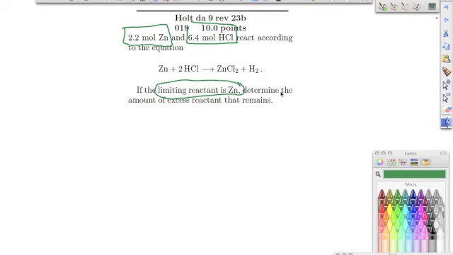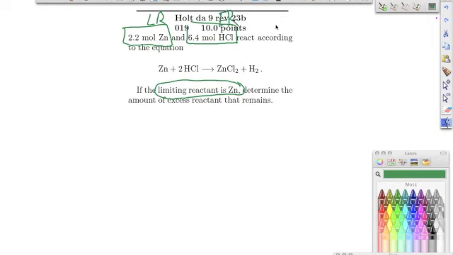Okay, so when we're doing this, what we have to realize is that it went from one number in the problem to now we have two numbers in the problem, and we always use the limiting reactant. So if zinc is the limiting reactant, we know that our HCl is going to be our excess reactant.